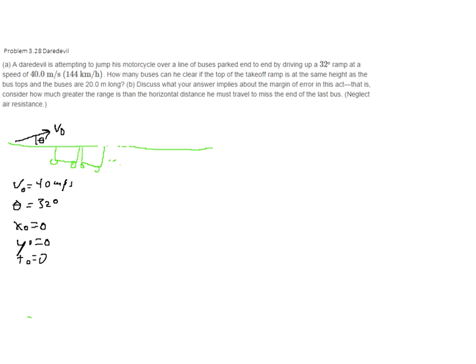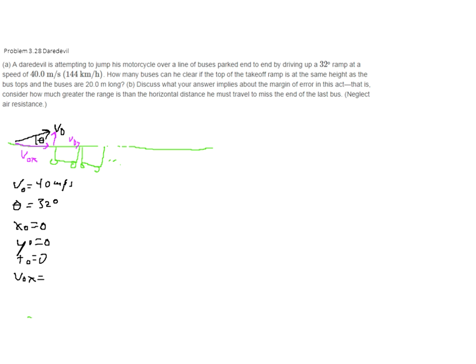So if we break this down into components, this is V0x, and this is V0y. So we can break this down into components also, the velocity into components.